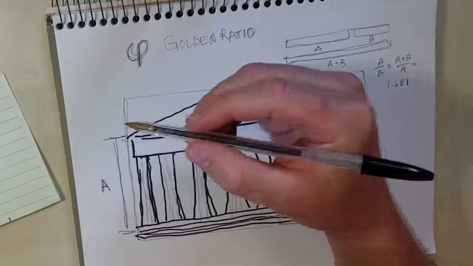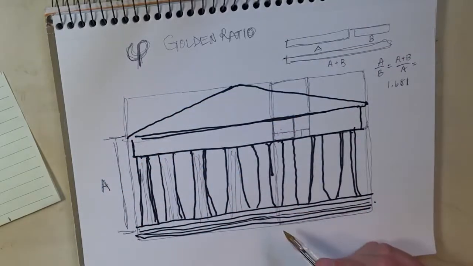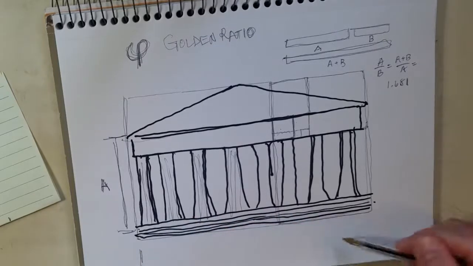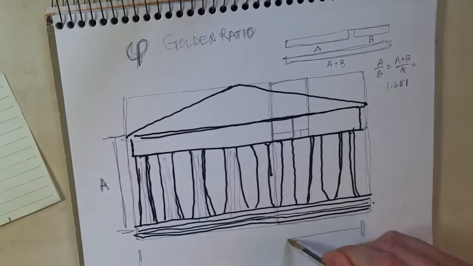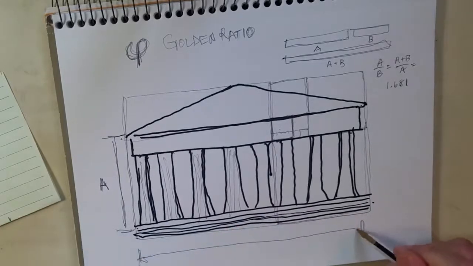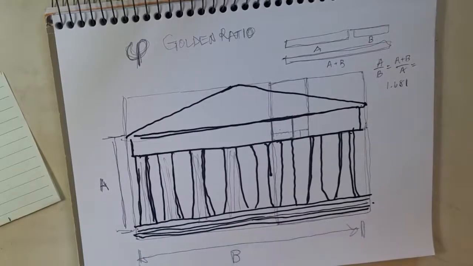That could be considered A. And I guess I definitely didn't draw this accurately, but this would be B. And it forms the perfect ratio, 1.681.